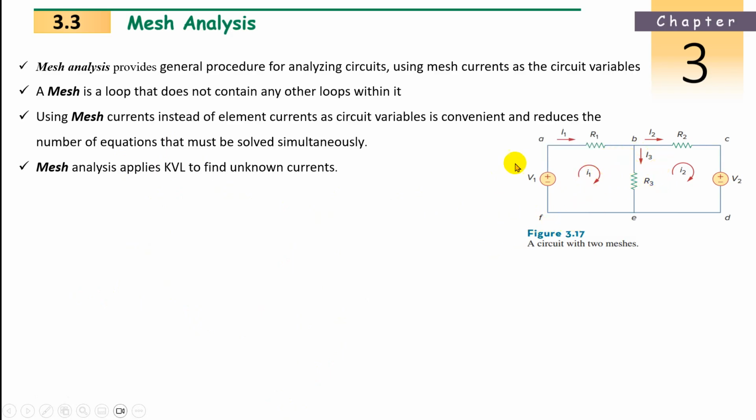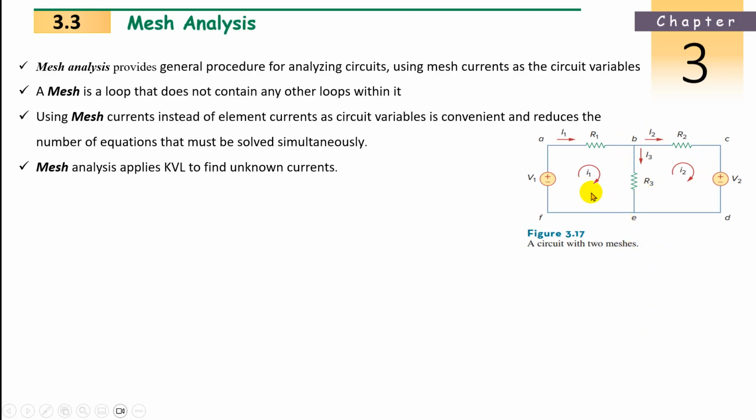How many branches does the figure have? 1, 2, 3, 4, 5 branches: two voltage sources and three resistances. Here there is no need for a reference node, a 0 voltage or ground. For any general circuit that is given, we can start without thinking about where the ground is.